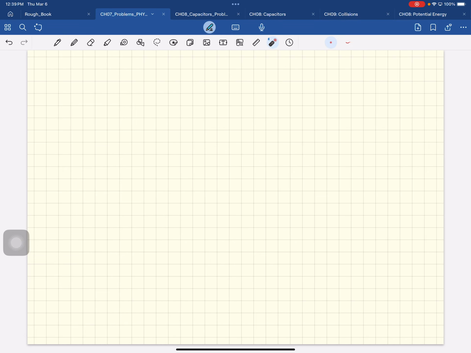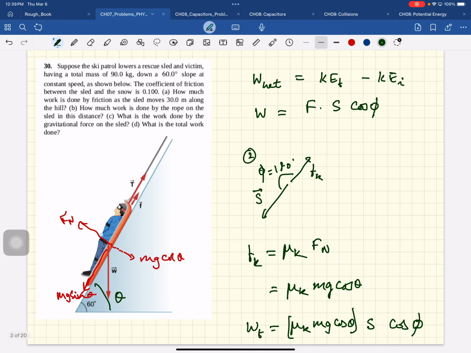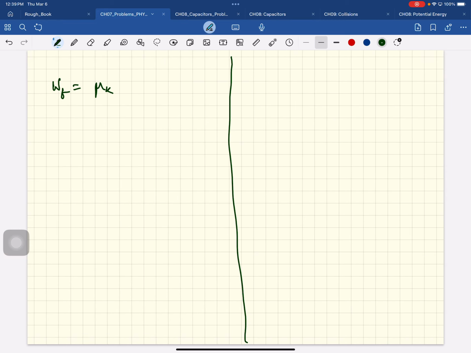So the work done by friction is mu k mg cosine theta times s: 0.1 times 90 kg times 9.8 meters per second squared, cosine 60, times 30 meters.